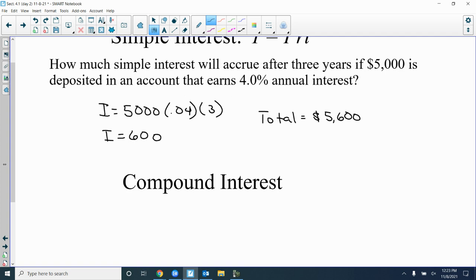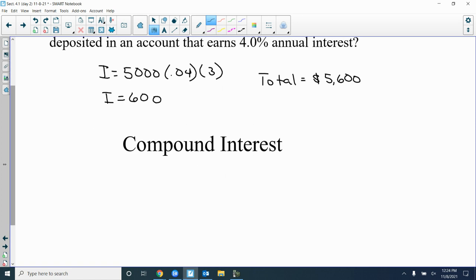Now, a quick scenario of compound interest. You can really take interest at any interval you want. You take that interest, you add it back into the principal. If we waited for the end of 3 years, we got $600. Let's take the interest after each year. We're going to take it 3 times. So after year 1, the interest will be the principal times the rate.